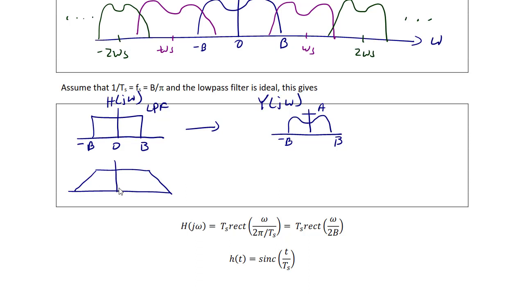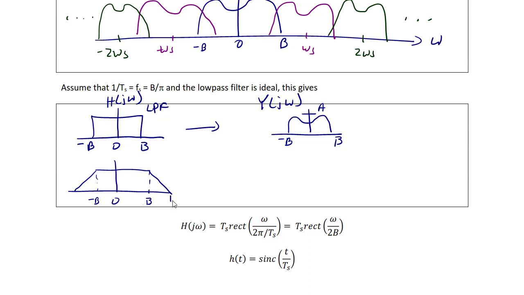And now you're going to sample at higher than the Nyquist frequency. So now you'd have minus B here. You'd have B here. It now has a transition band like a realistic low-pass filter.